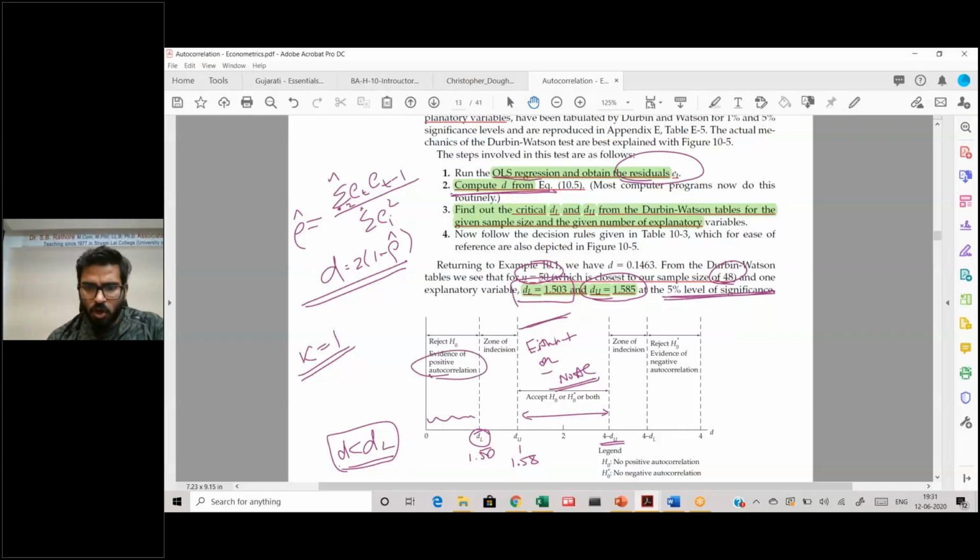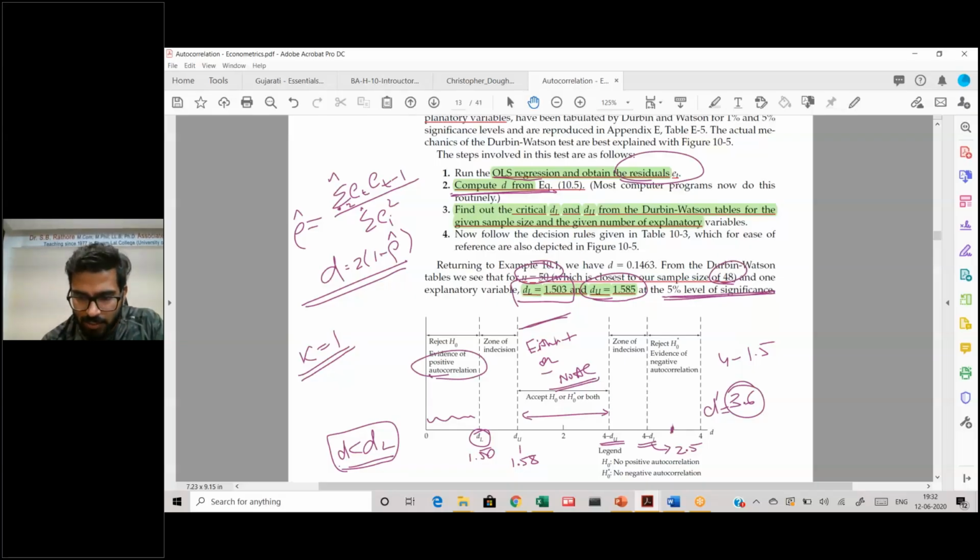And if your data has an extremely high D value, suppose your D value is 3.6, so 4 minus 1.5, this is essentially what you are doing. 4 minus 1.5 will come out to be 2.5. So if your calculated D statistic is 3.6, that essentially means your calculated d statistic is here.